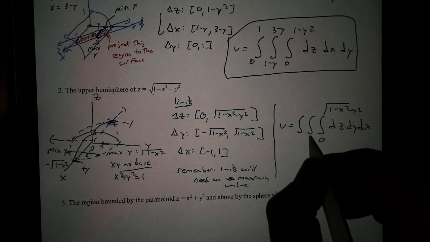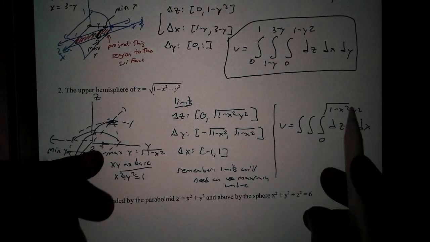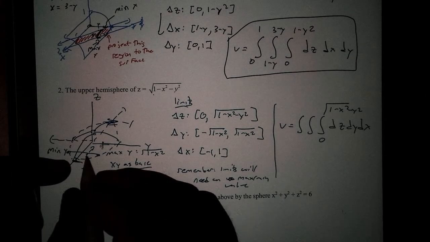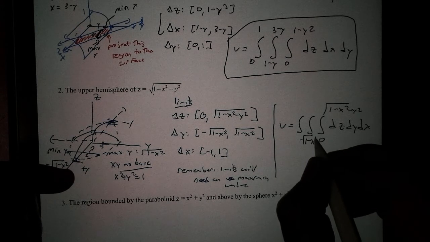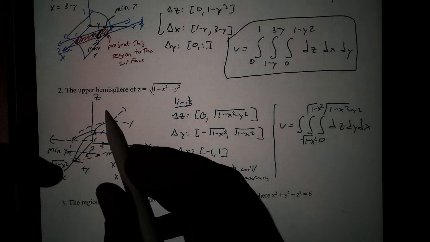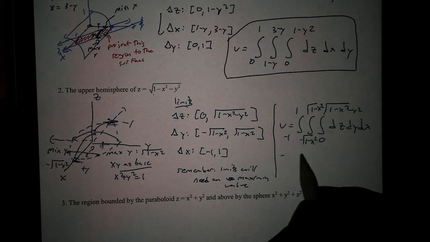Our y's, that's my circular base. Now, I found my heights. Now I'm going to multiply by my lengths. My length goes from negative square root of 1 minus x squared to positive square root of 1 minus x squared. And now I got to measure the width. And the width goes from negative 1 to positive 1.